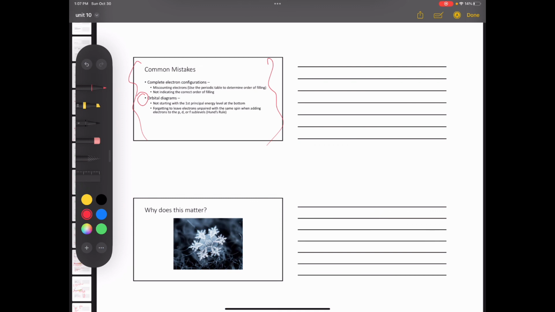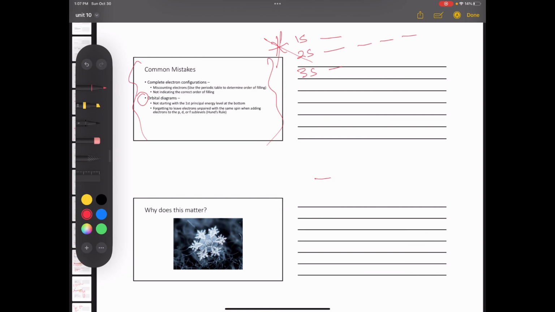So when you're writing the 1s and the 2s orbital, make sure that you're not starting from the top of the page. Some people, I know, will still do 1s, 2s, and 3s from the top, and that is incorrect. Remember, when we do the orbital diagram, we always start from the bottom of the page with the lowest principal energy level.